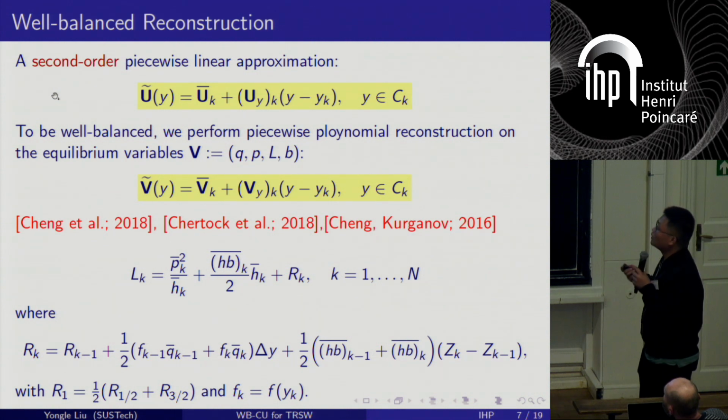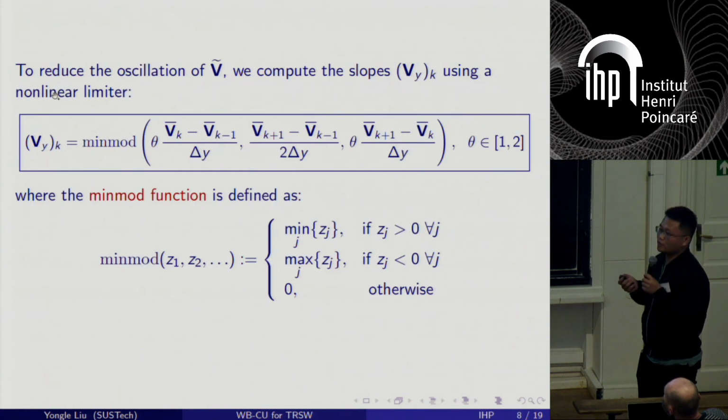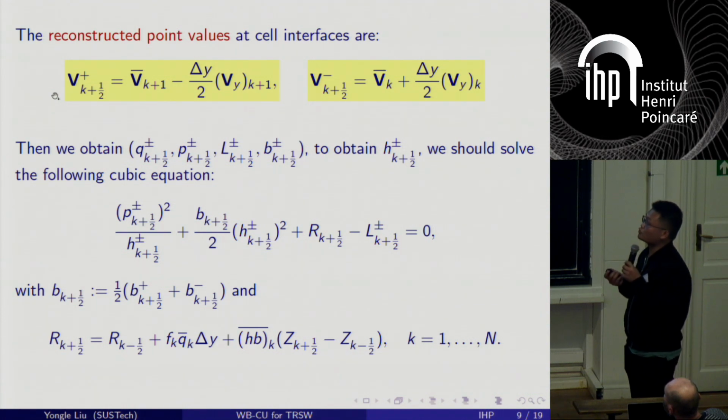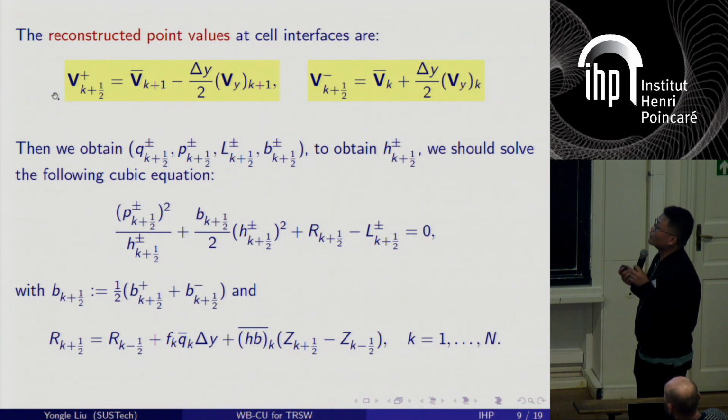But in our work, in order to reduce the oscillation of the reconstruction, we use a limiter to compute these slopes V_y. Once we have the reconstruction, we can compute the point values V plus and V minus here.